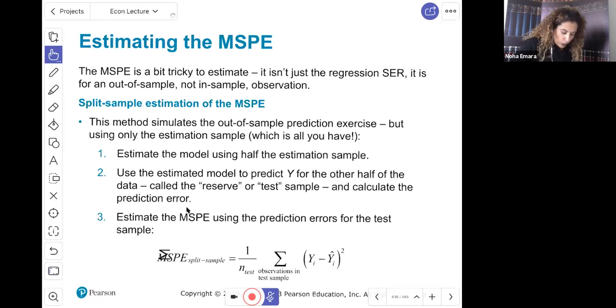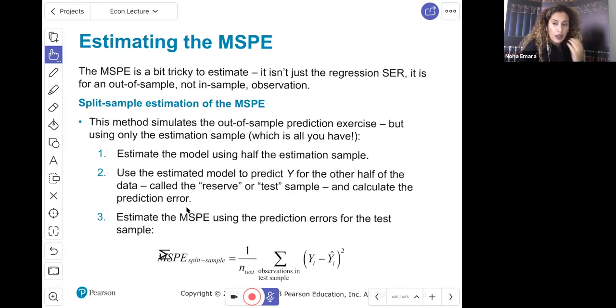So the first option that you have is that you can just split the sample. What I mentioned is I split the sample half in sample, half out of sample. So I use 50% to estimate the other 50%. As point 1 is saying, estimate using half the estimation sample, and use the estimated model to predict y of the other half.